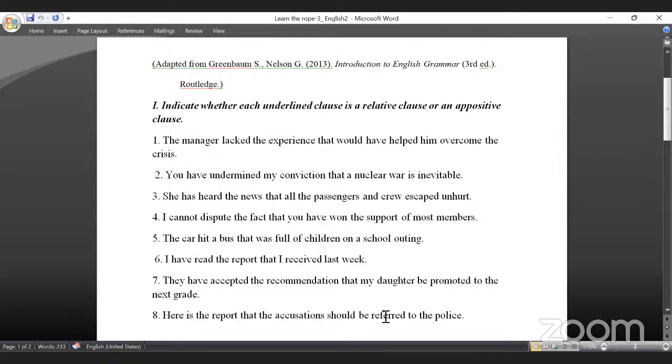All right. Now look at the second one. Appositive clause. Let's read the question first.